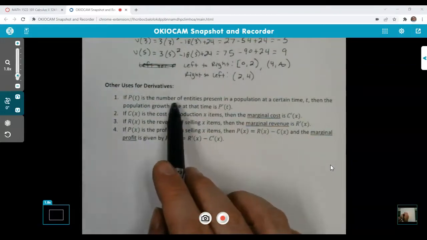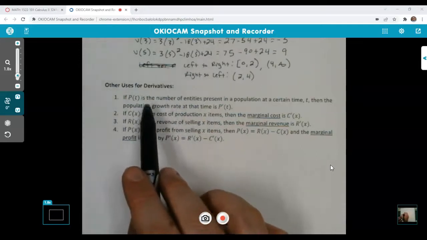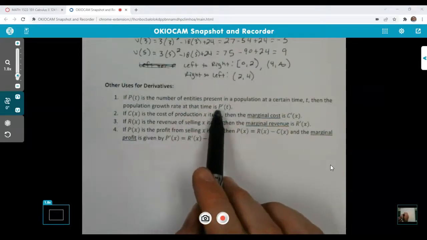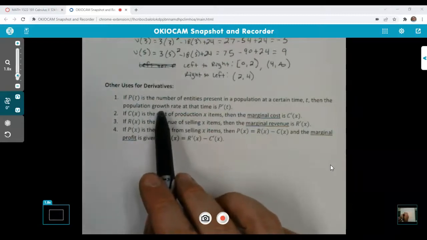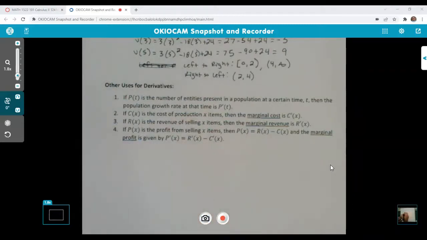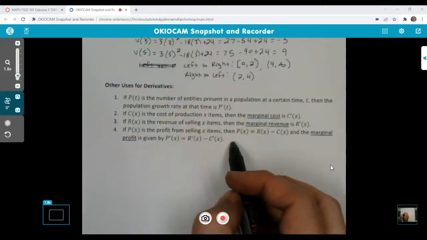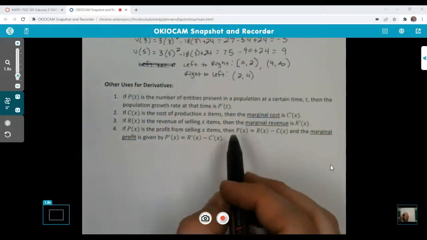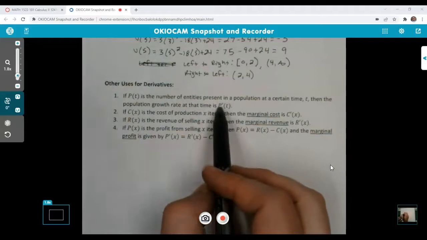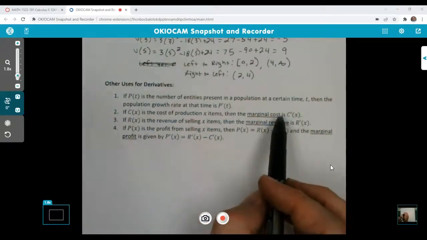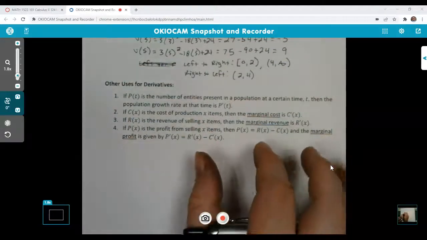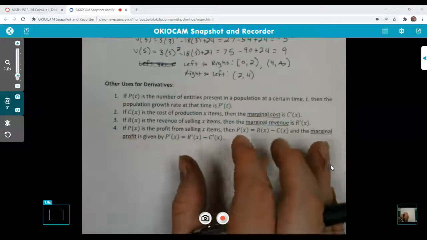If P of t is the population, P prime of t is my population growth rate. These are the same ideas as what we had talked about, like velocity and all of that stuff, because all of these are just the rate of change. So this is the rate of change of P of t, rate of change of C of x, and on. I just wanted to list these out in case you hear any of these terms.